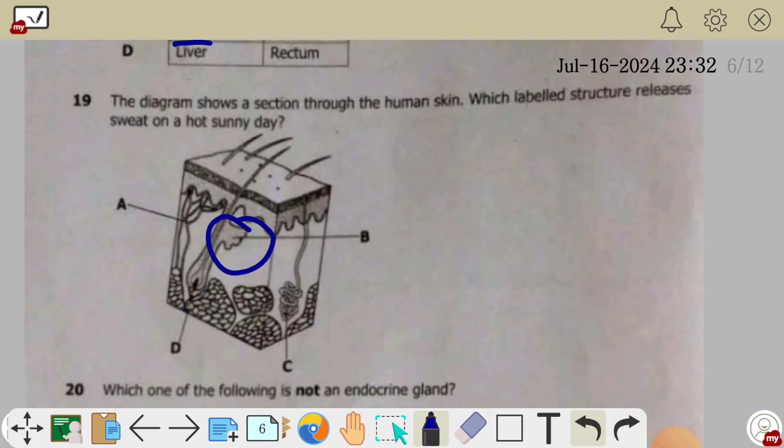That is the muscle which holds the follicle, and then we have the nerves there. Then we have this structure here, which is the sweat gland. During a sunny day, the sweat glands are going to release sweat in order to aid in cooling of the body, to reduce the temperature. The sweat glands secrete sweat. So the correct answer here is C.